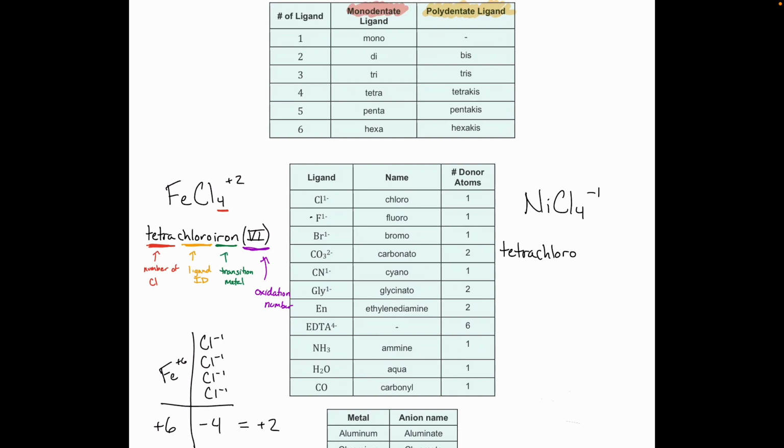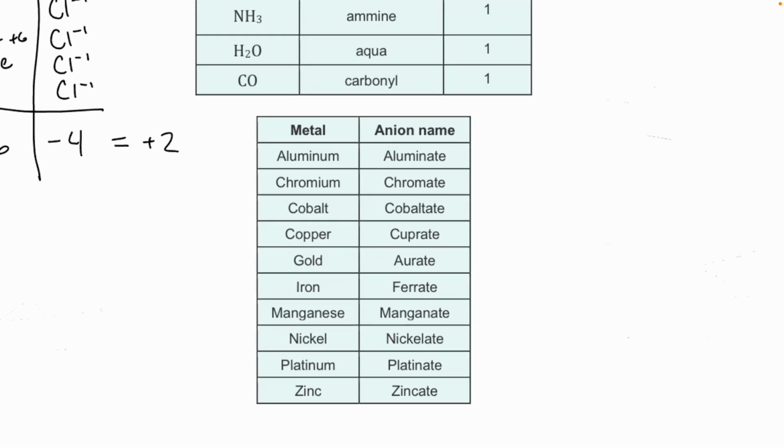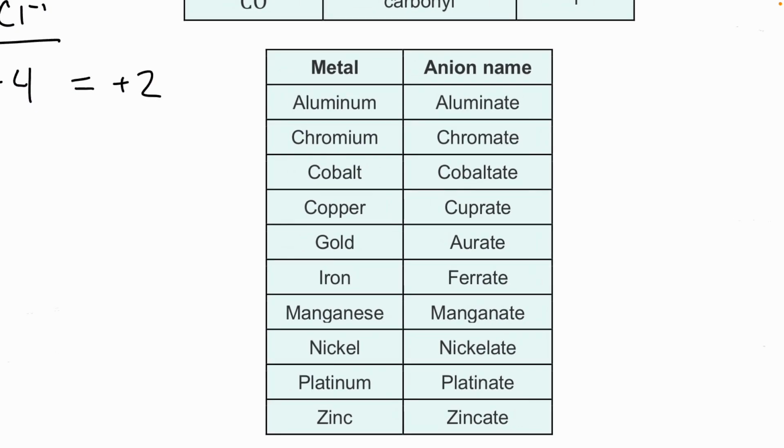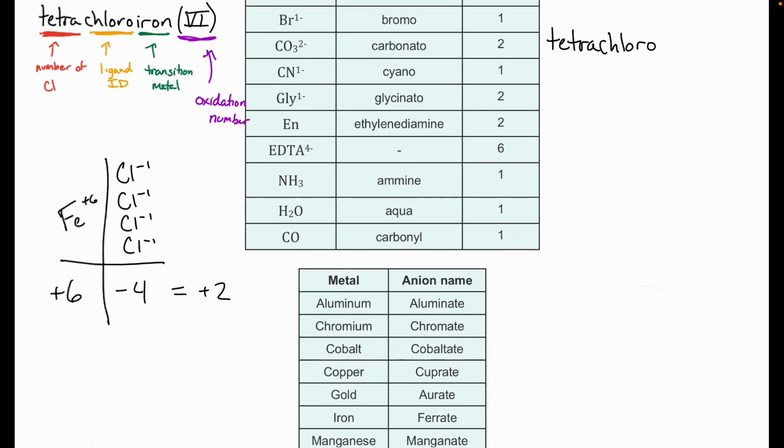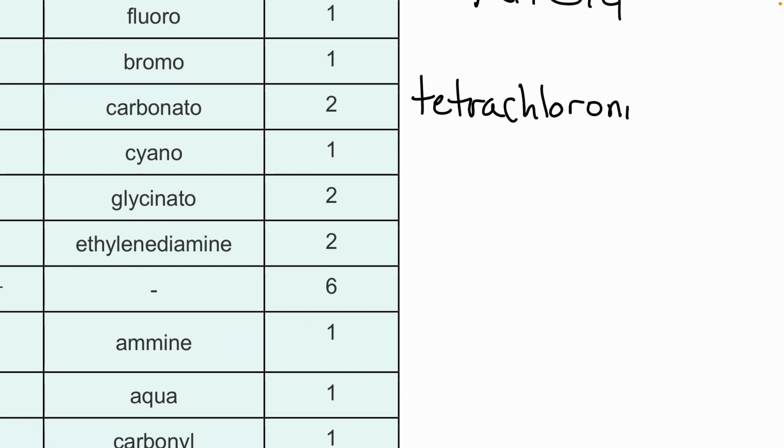But the difference is how I'm going to refer to the transition metal. The overall complex charge is negative. So now I've got to use this chart here. Instead of referring to it as nickel, I'm going to use the anion name because it's negatively charged, and it's going to become nickelate. Tetrachloronickelate.